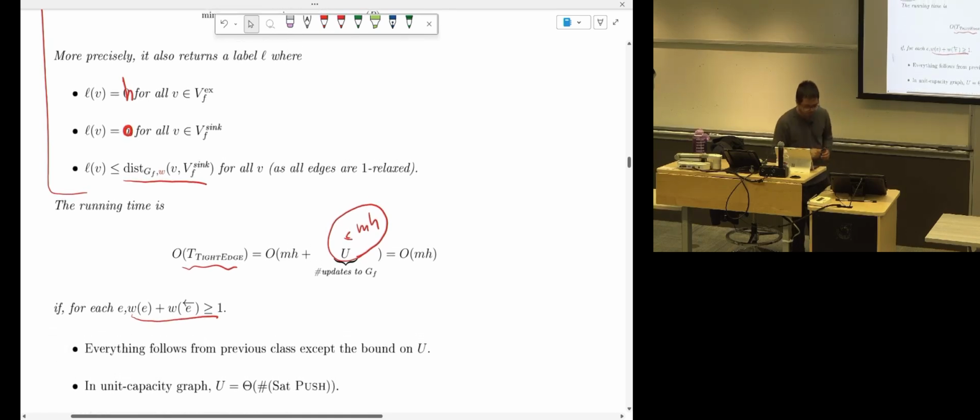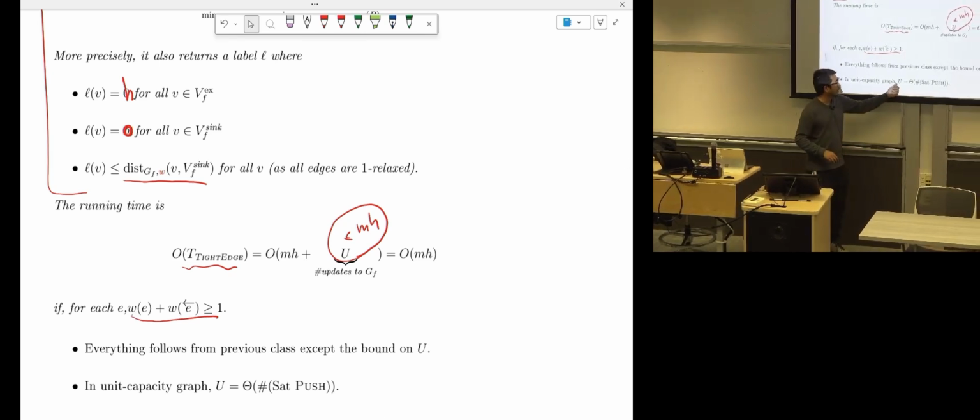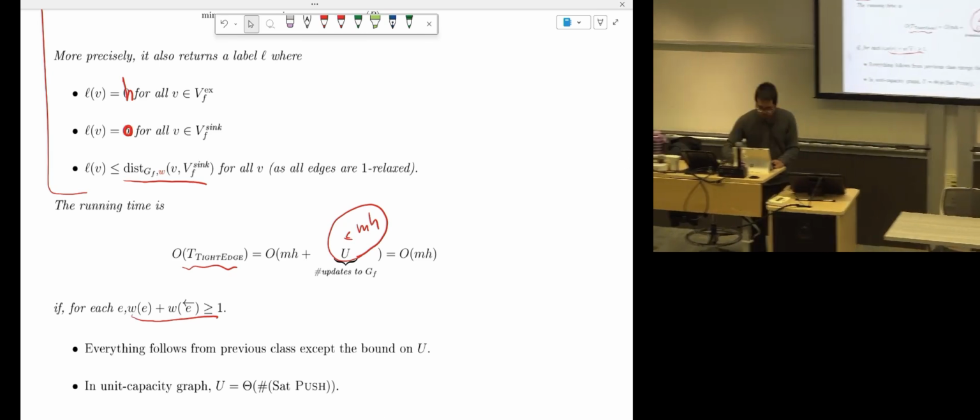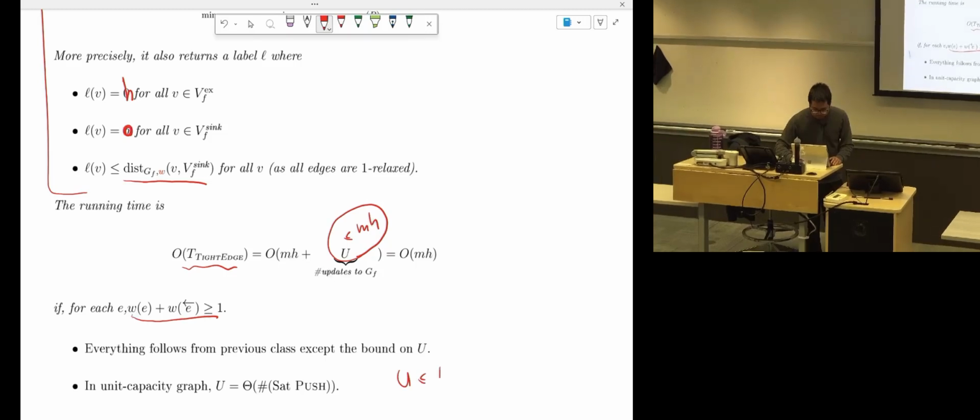U here, in a unit capacity graph, you're still going to have that U is at most the number of pushes, and the number of pushes is just the number of saturating pushes in a unit capacity graph.